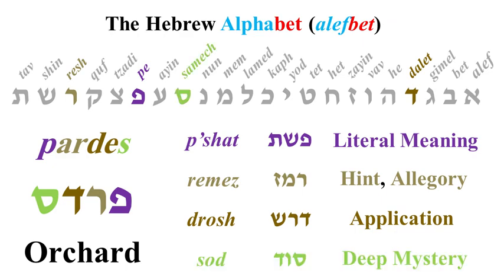The sod level is the deep mystery that's hidden in that verse. And it wouldn't surprise me, I've heard rabbis say that there are 70 levels of interpretation, but we'll stick with the 4 right now. And we'll pick a verse and show you how these 4 letters in pardes apply.